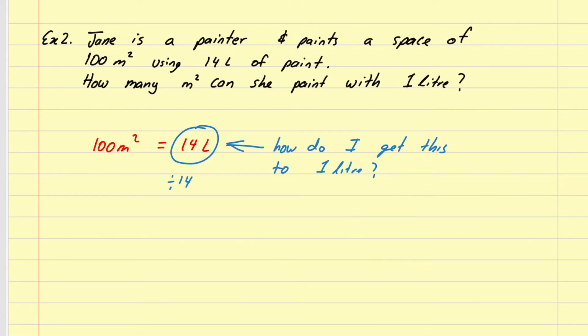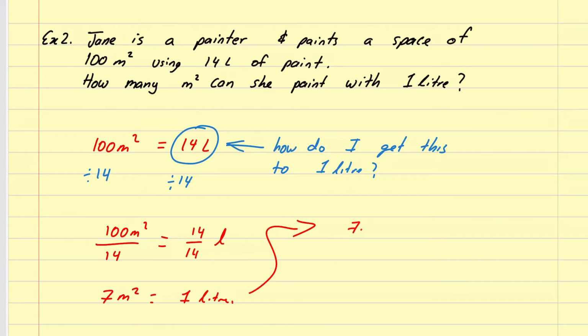So because it's an equation, we have to do it to both sides. So divide by 14 and also divide by 14. So we're left with 100 meters squared divided by 14, that should equal 14 divided by 14. And now we would get 7 meters squared is equal to 1 liter. So another way to rewrite this would be 7 meters squared per liter.